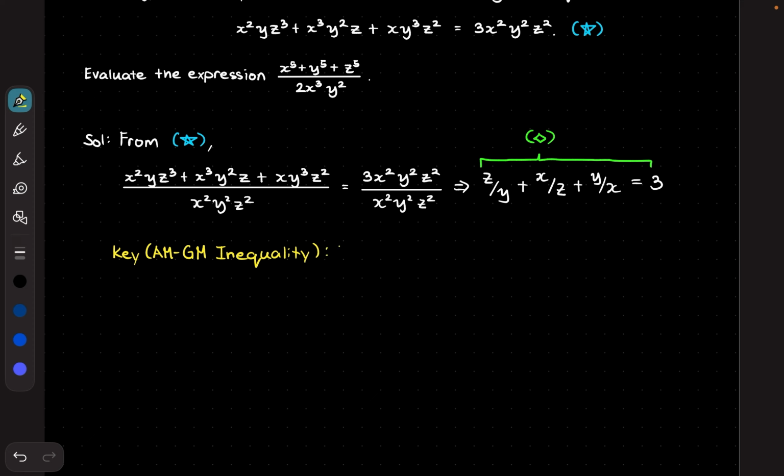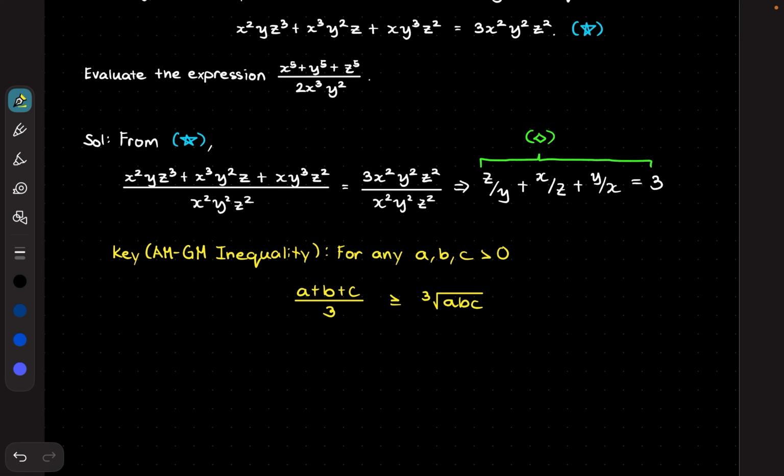For the 3 variable case, let's say we have variables a, b, and c, which are non-negative, so technically greater than 0. Then we obtain the following inequality: a plus b plus c over 3 must be greater than or equal to the cube root of abc.